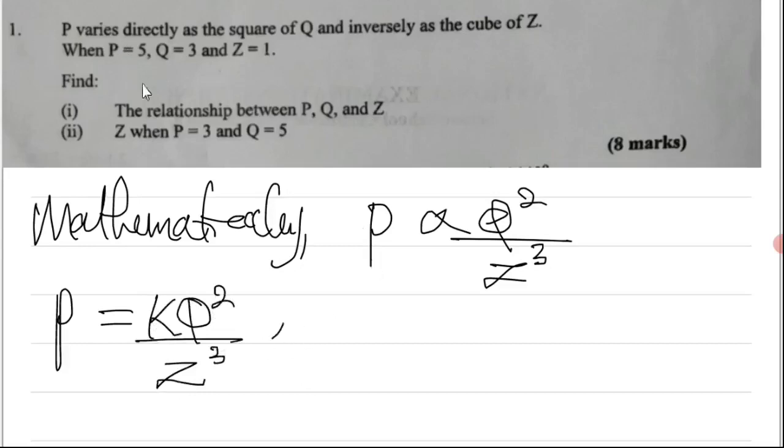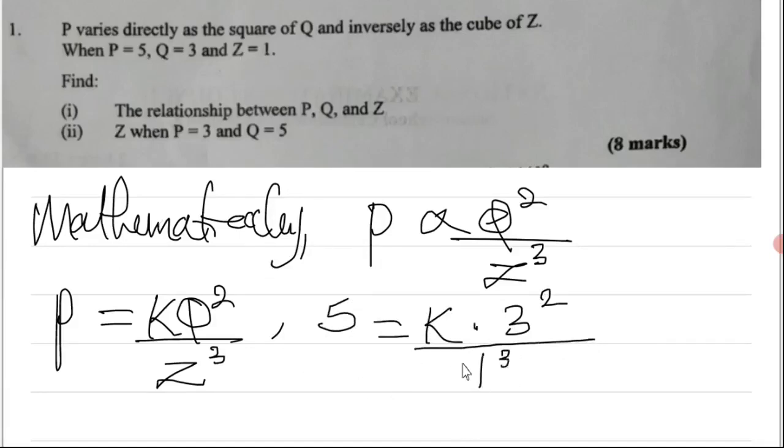From the question, P is 5, we don't know the value of K, Q is 3 so we have Q squared, and Z is 1, so we have 1 raised to power 3.